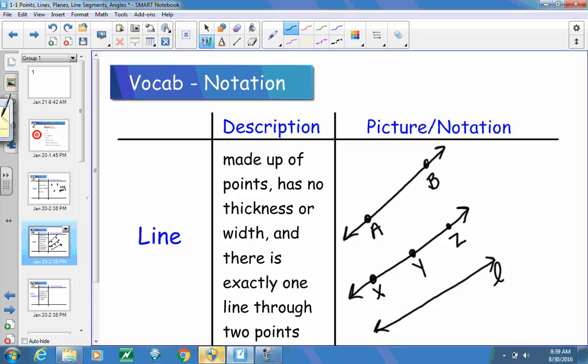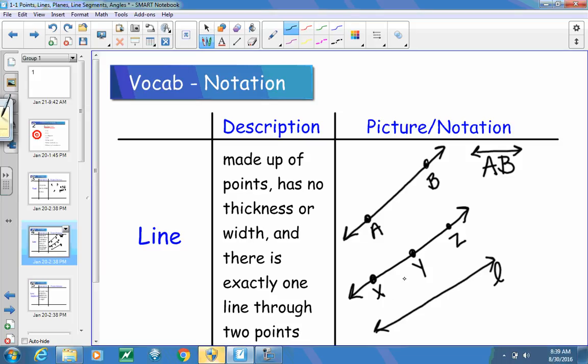As far as the notation goes with your lines, you have really 2 options. You can either use the points on the line. So I can say this line goes through points A and B, so I'm going to use the points AB, and then over the 2 letters, I'm going to put a line with 2 arrows on the ends.